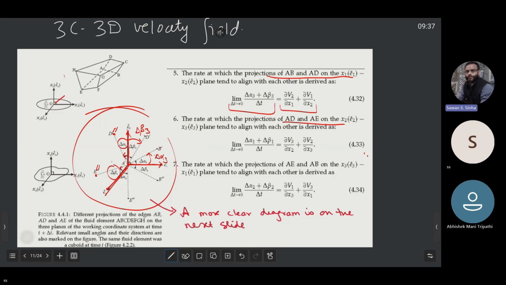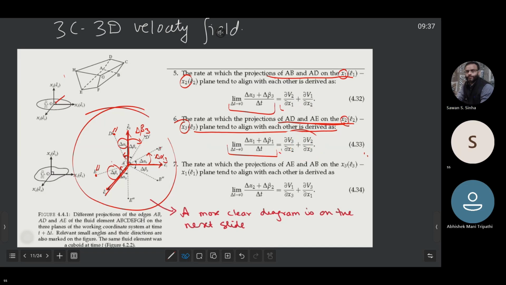So this physically appealing sentence is mathematically this, and when you derive it, it will turn out to be this. Look at the indices. Projections on the 2 and 3 plane, and that's why here 2 and 3 are appearing. Projections on the x1, x2 related plane, that's why 2 and 1. Patterns.